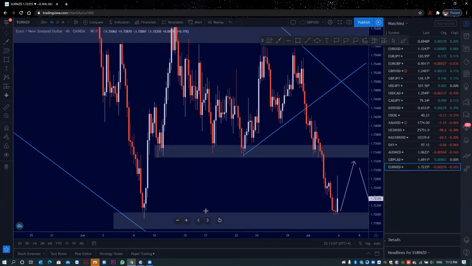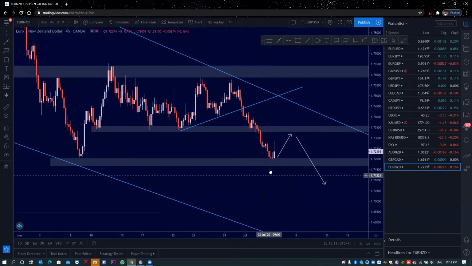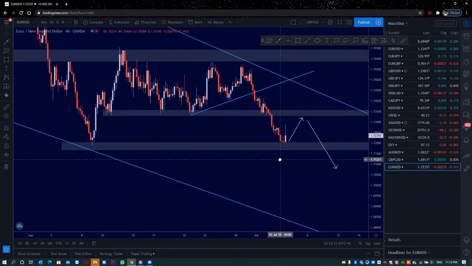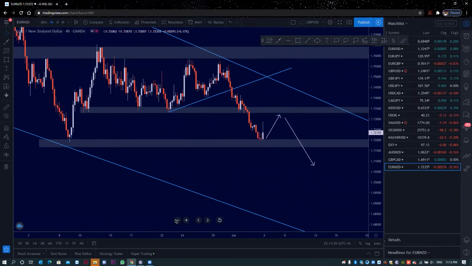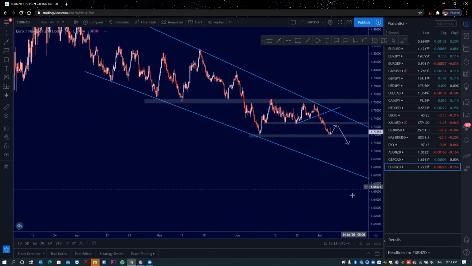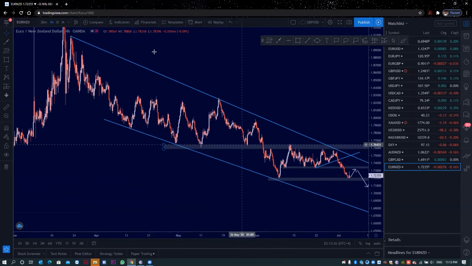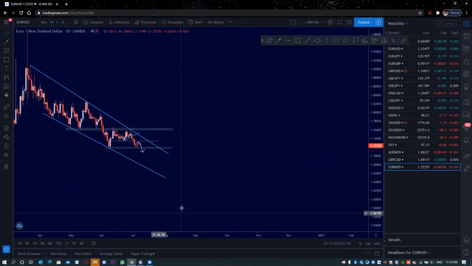Right now, Euro and NZD, Euro and Kiwi, is very good. This is my Euro NZD, very good, the sell trend. I check the daily and draw my lines.